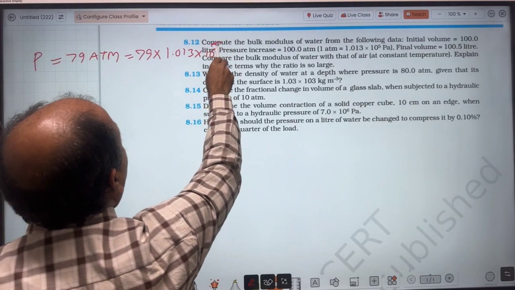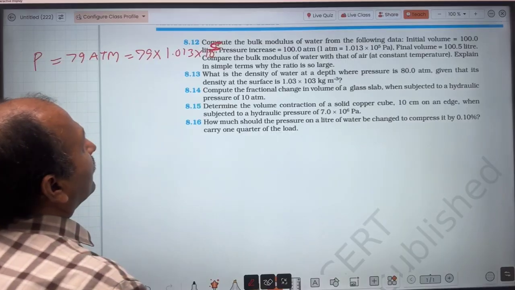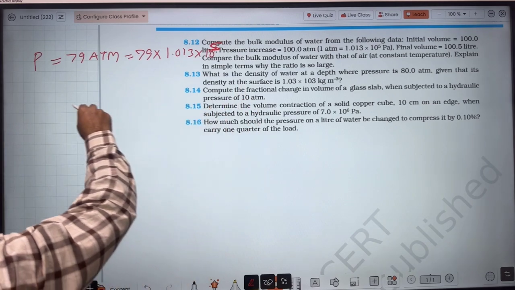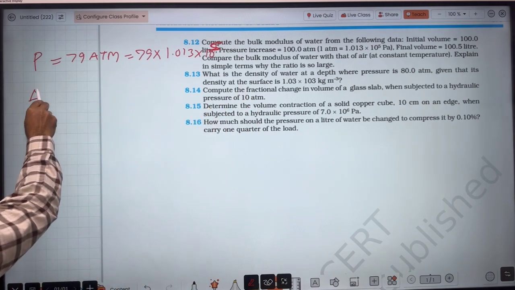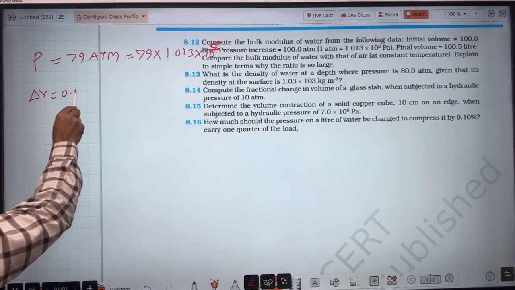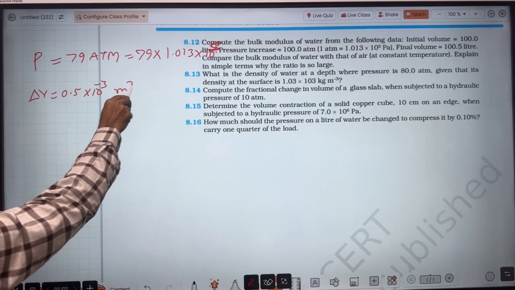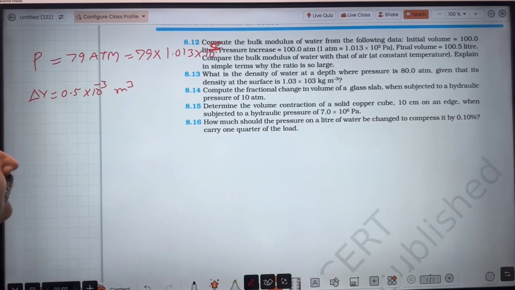Not 3, sorry, it's 5. So we have got the value of P, change in volume. So change in volume delta V is 0.5 into 10 to the power minus 3 meter cube, right? And the density in the beginning is given, so later on we will make use of it.